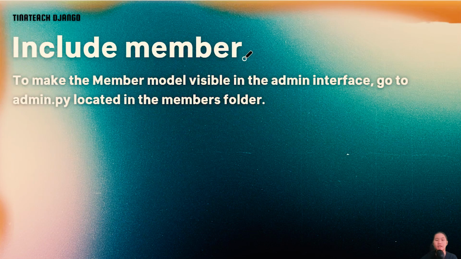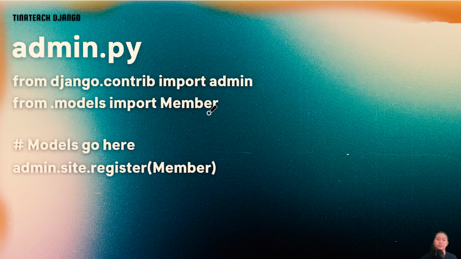Okay, now including member. Now that you're done accessing and you can see all of your models, to make the member model visible in the admin interface, you go to the admin.py file located in the members folder. Okay, we're going to make the member model visible for our admin, which is currently not.